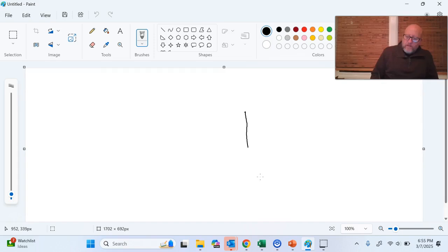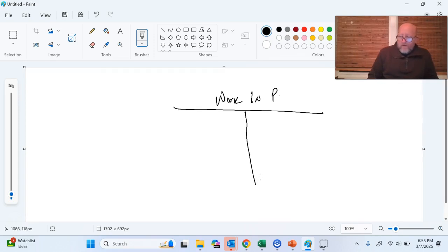So let's look at the work in process account, and therefore we are going to have a beginning balance of work in process. Then we're going to use direct materials used, direct labor, and then manufacturing overhead.